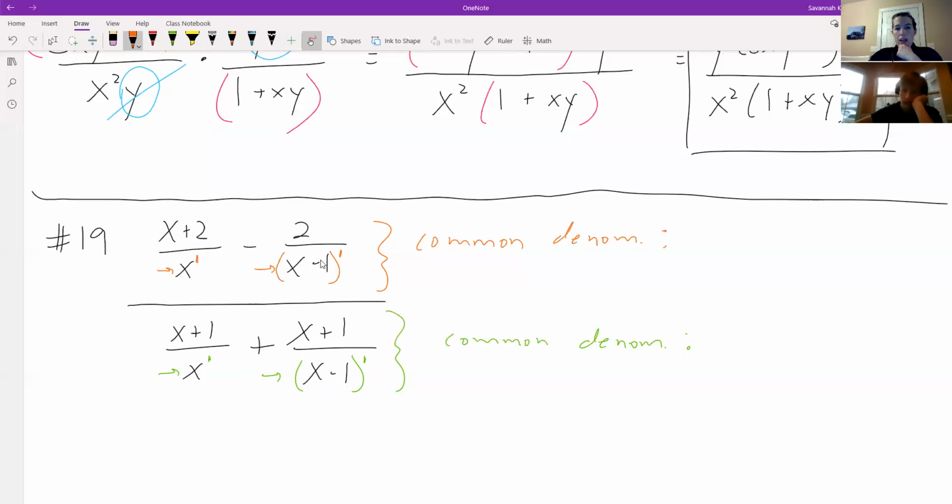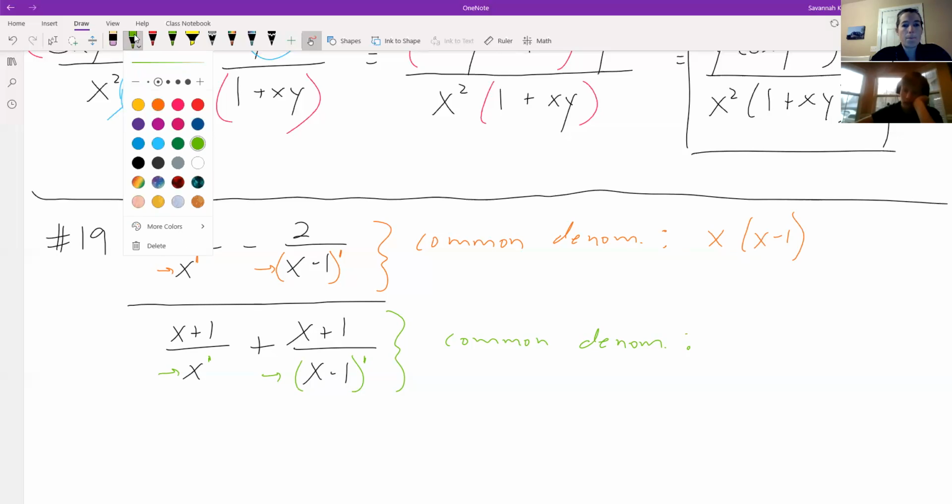So if there were any x minus 1s to the second or third, those higher powers would get copied into my common denominator. But here, it looks like just x to the first and x minus 1 to the first. There were no higher powers of either of those pieces. So my work is done. I don't have anything to compare and contrast.